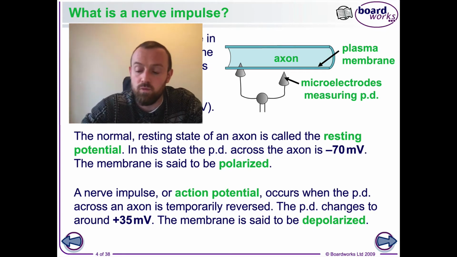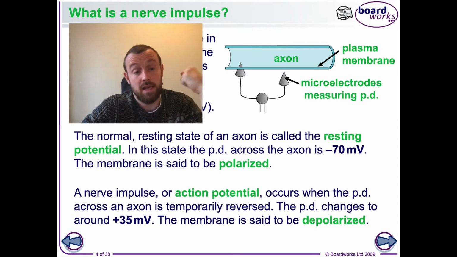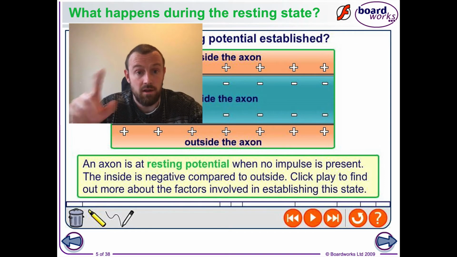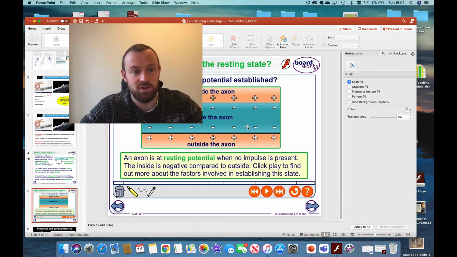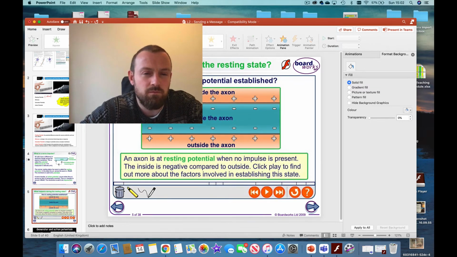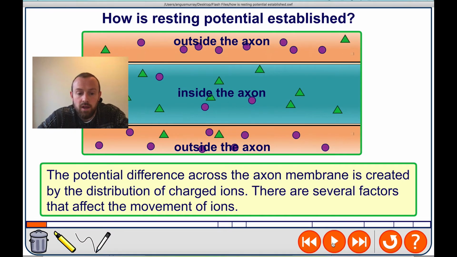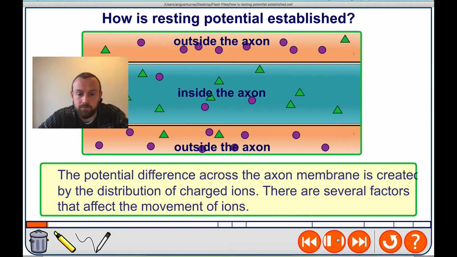So first of all, let's recap and look again at how the resting potential is maintained. We looked last lesson at the sodium-potassium pump, and I found, with Mr. Stones' help, a way of showing you this animation here, which shows it more clearly. So it's created by the distribution of ions, mainly sodium and potassium.